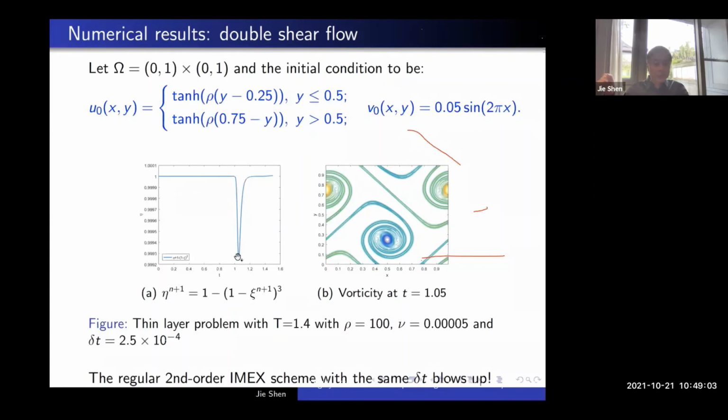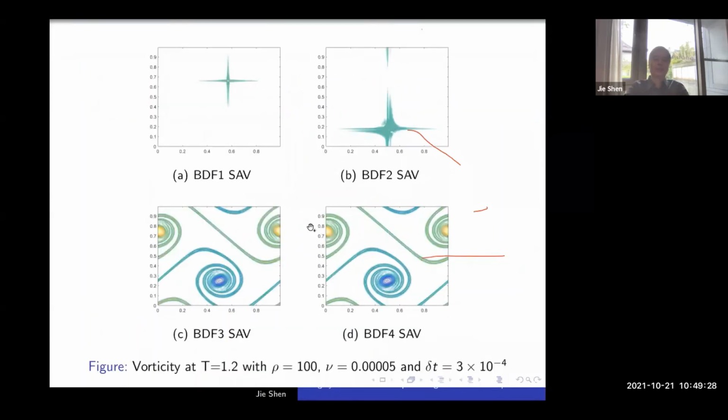It drops a little bit, so that it can compute past this difficult time and continue. This shows that the SAV scheme is more robust than the usual semi-implicit scheme in this complex situation.